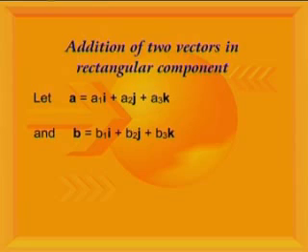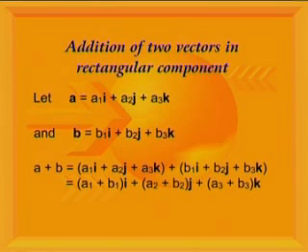So we add component-wise. It is very easy to add. The sum of the vectors A and B, that is A plus B, is equal to (A1 plus B1)i plus (A2 plus B2)j plus (A3 plus B3)k.